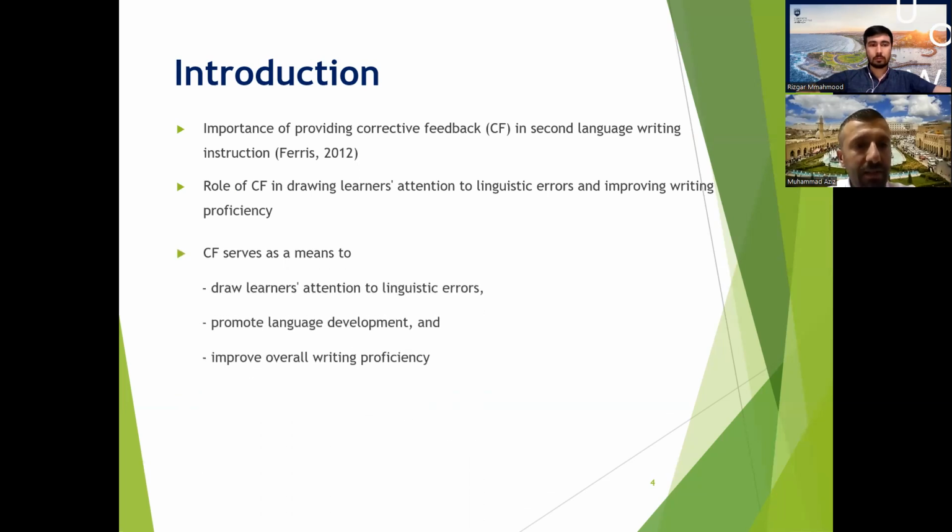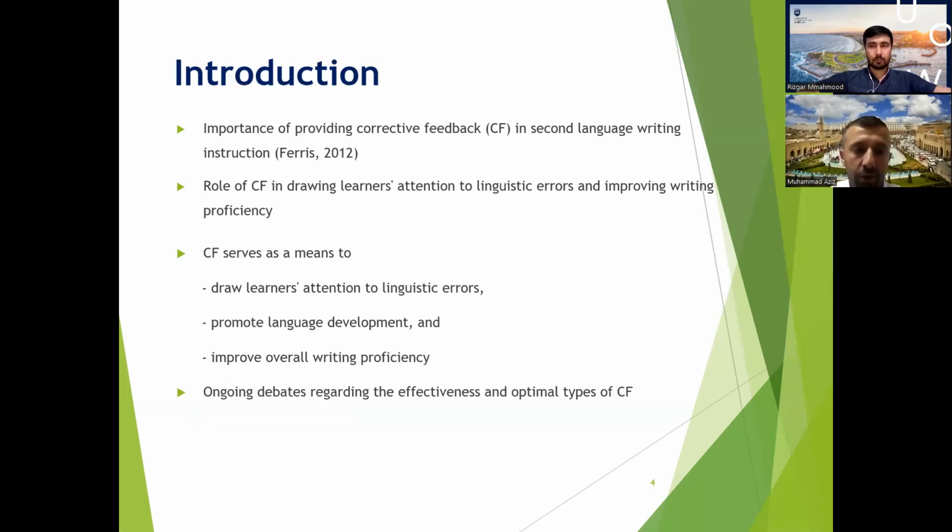It has the role in drawing learners' attention to linguistic errors and improving writing proficiency. Also, corrective feedback can serve as means to draw learners' attention to grammar errors. It also promotes language development, and it overall improves the writing proficiency.